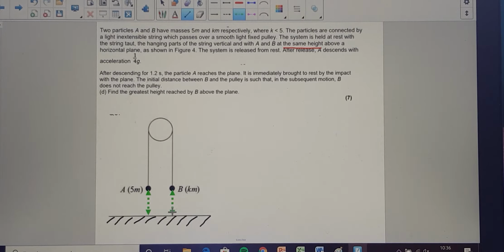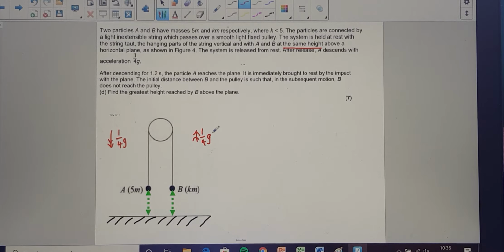Now I'm going to discuss what's going to happen. Let me just put in my acceleration. I know it's accelerating down still, isn't it? Nothing has changed. I know that it's going to be moving down at a quarter g, just as A will be accelerating up at a quarter g. Right.